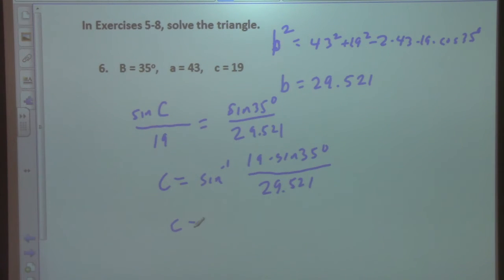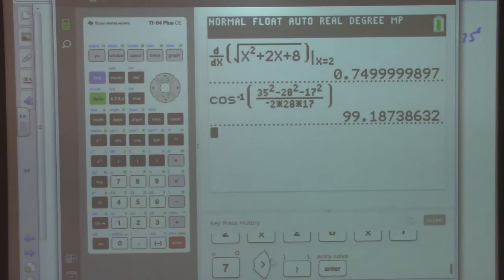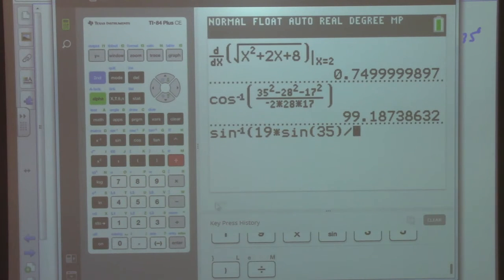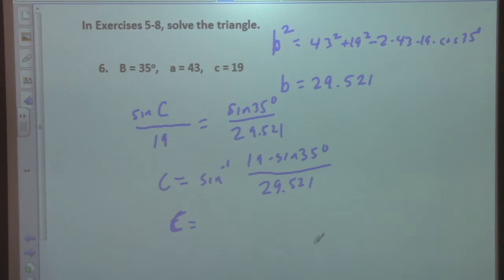So angle C is 19 times sine 35 divided by 29.521.